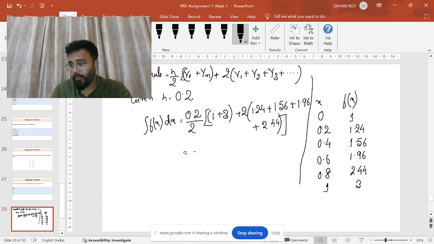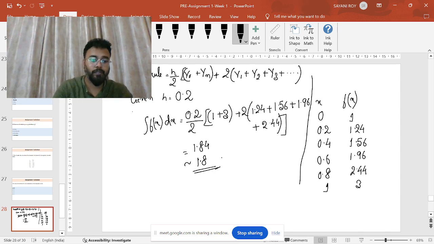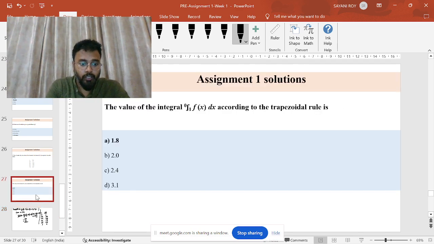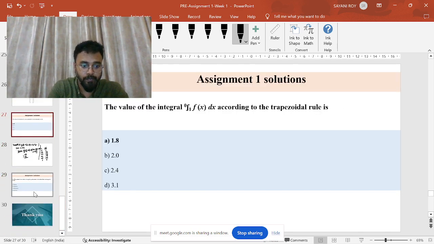So 4, 8. So 1.8 is the answer. Okay, you people have already done it, but still.